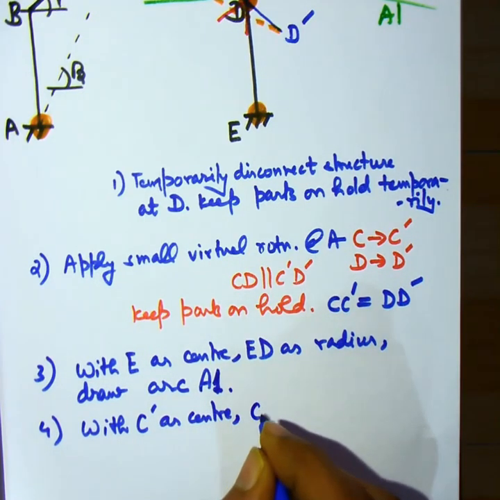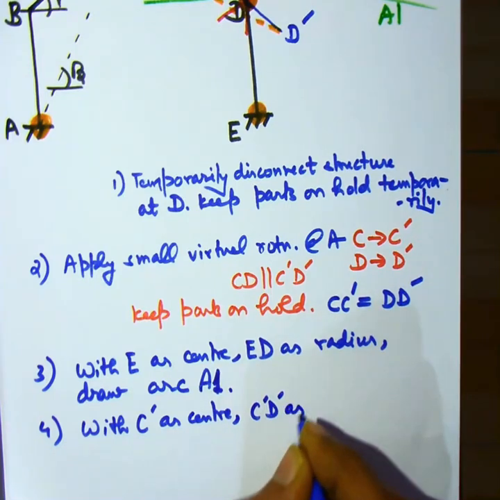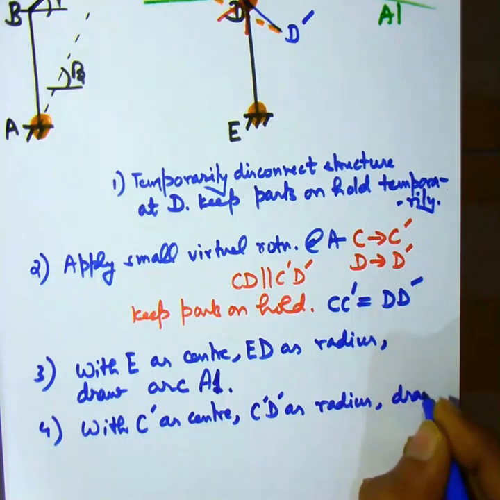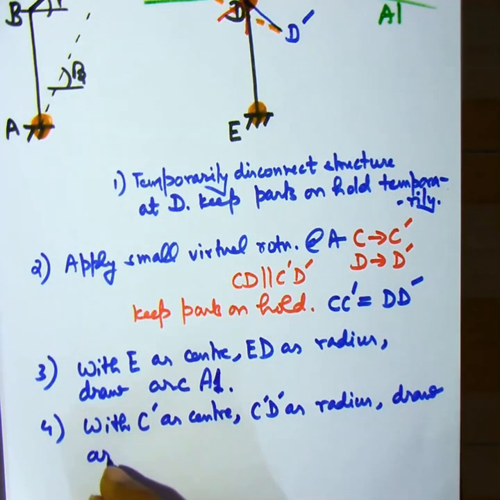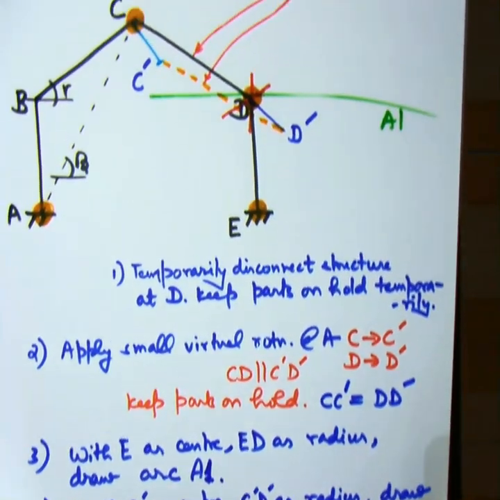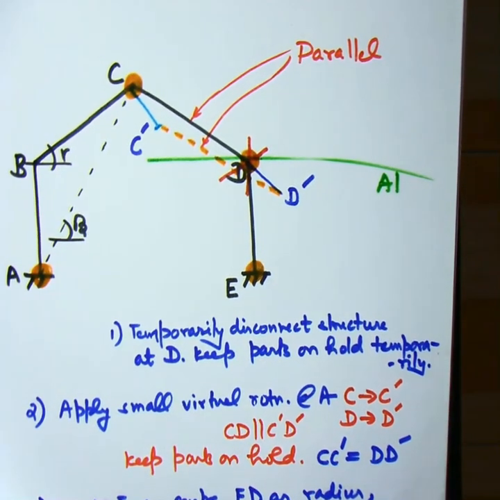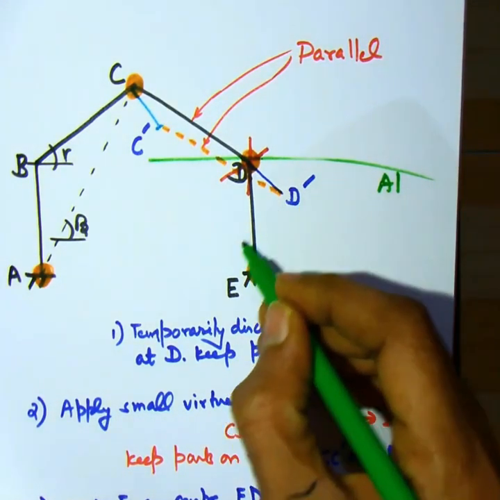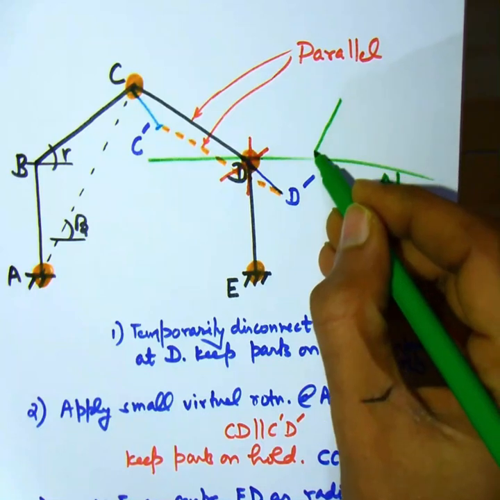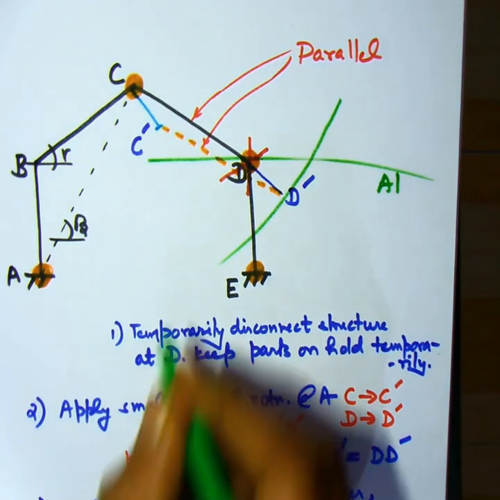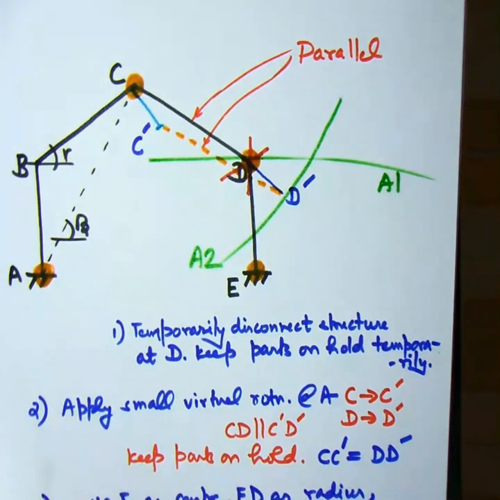We have to locate the actual and the final position of D. So for that purpose, we draw another arc with C dash as center and C dash D dash as radius. We draw arc A2. Now the two arcs A1 and A2 will intersect each other, and that will give us the final location of D. So this process basically satisfies the condition that all the members are inextensible.